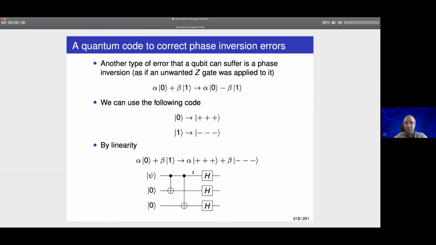The 1 is going to be transformed at this point into 1, 1, 1. And then if we apply these Hadamard gates, we know that the 0 goes to plus and the 1 goes to minus. Okay, so if we have here 0, 0, 0, then after the Hadamard gates, we are going to have plus, plus, plus, which is what we want. If we have 1, 1, 1 here, after applying the Hadamard gates, we are going to have here minus, minus, minus. Okay, so this is a circuit that does this encoding for a general qubit.